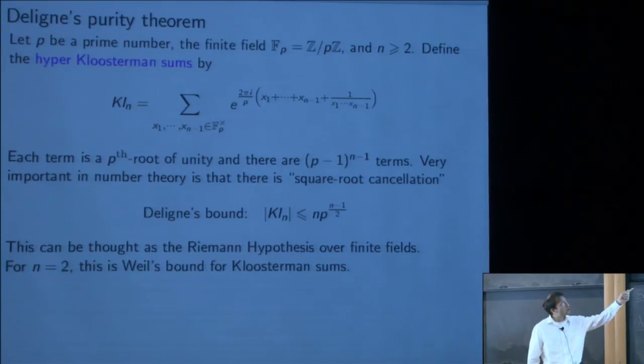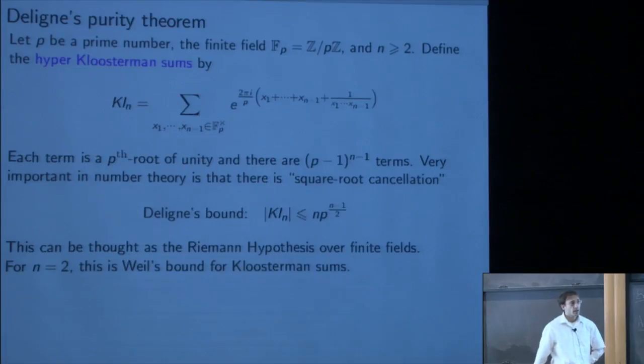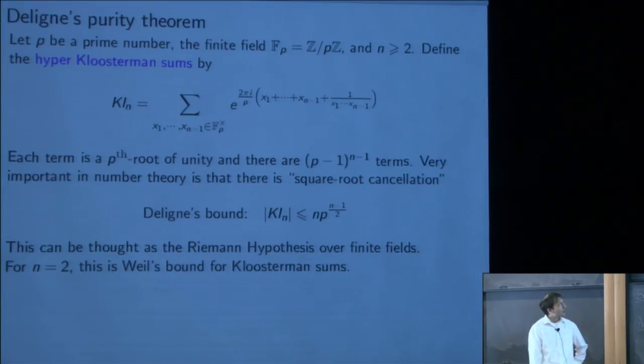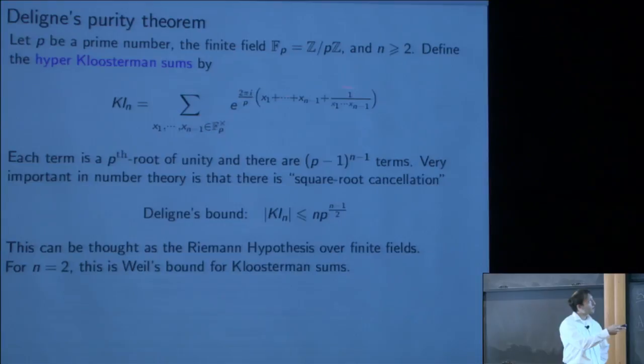Then you have this exponential e to the 2 pi i over p, so this creates a p-th root of unity. And then this Laurent polynomial, which is x1 plus ... plus x(n-1) plus 1 over x1 ... x(n-1). So each term is a p-th root of unity.